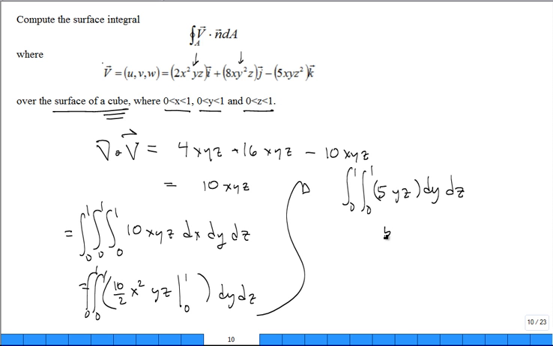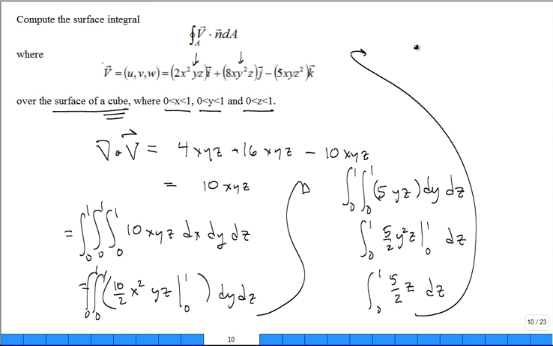Okay, then it's 5 halves y squared z. Y goes from 0 to 1. Then the integral 0 to 1 dz. Okay, so now it's 5 halves z integrated between 0 and 1. I didn't leave enough room, so I'll just have to throw it up here.